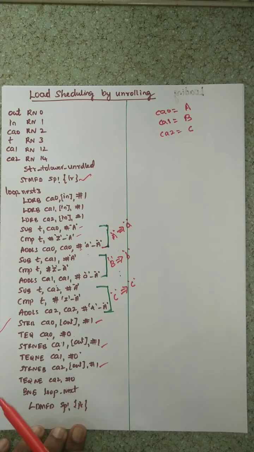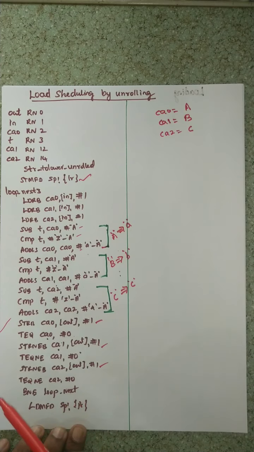Now let us count the number of cycles the loop takes. Each instruction takes one cycle, counting 1, 2, 3, up to 19, and the other two instructions are flush cycles, cycles 20 and 21.